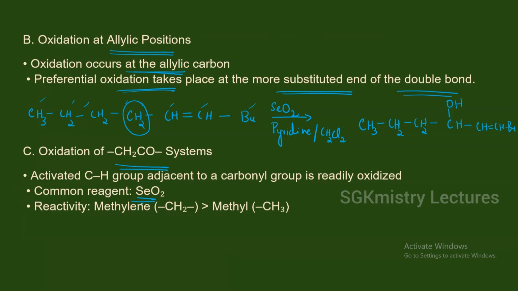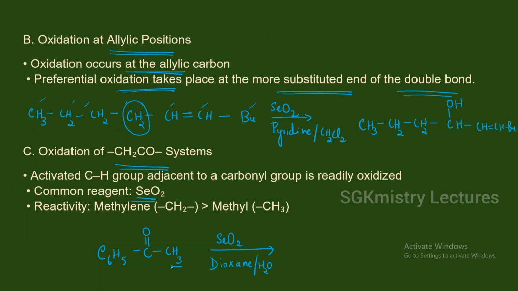So first thing is, if you're talking about SeO2, how it can be used. So let me take an example, C6H5, CO, CH3. So in the presence of SeO2 and again dioxane and water. So now what is going to happen?